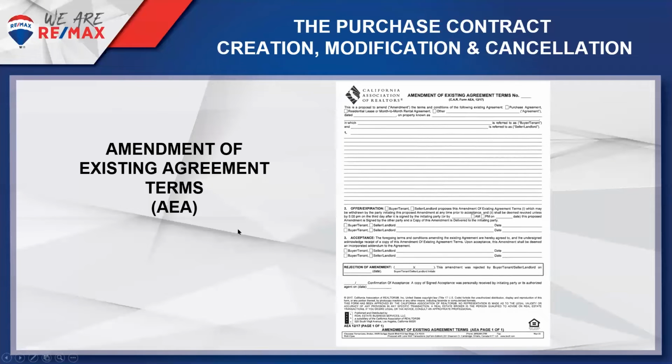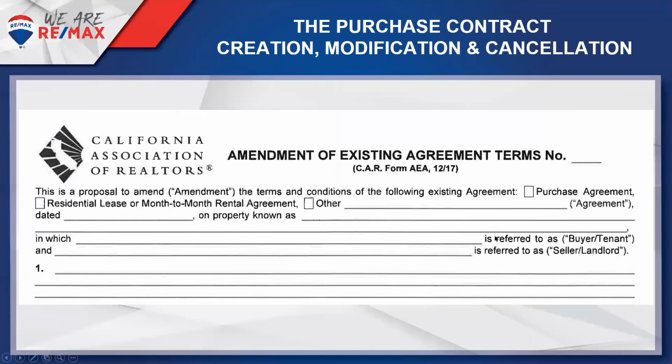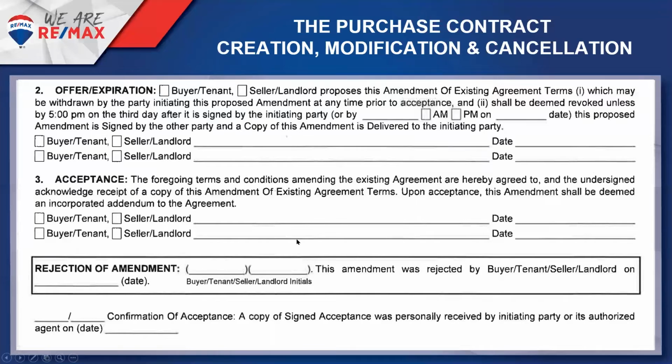It was created to allow for a submission of a proposal of, how about we give you a credit in lieu of making repairs, and then that proposal gets either accepted or rejected by the buyer. And on that form you don't put "in lieu of making repairs," you just put down a dollar amount credit.